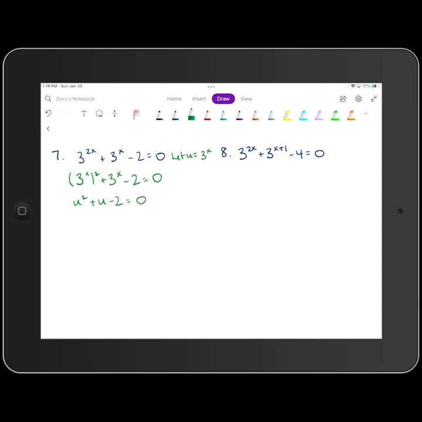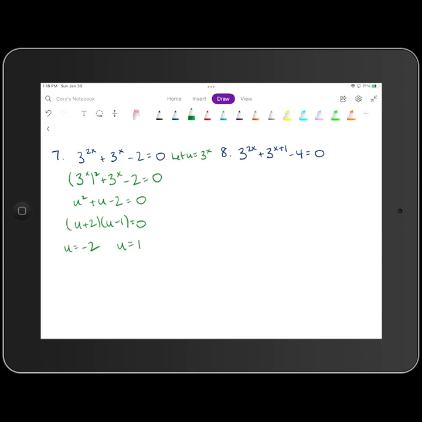That's a quadratic equation that is factorable. It factors to u plus 2 times u minus 1 is equal to 0, and that happens when u is negative 2 or u is equal to 1.